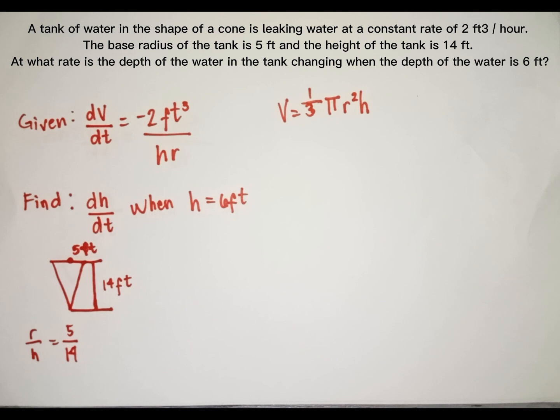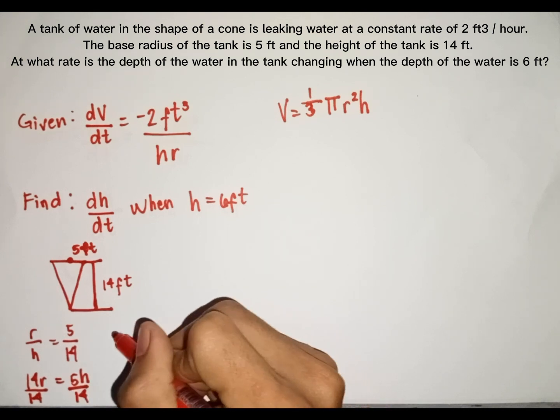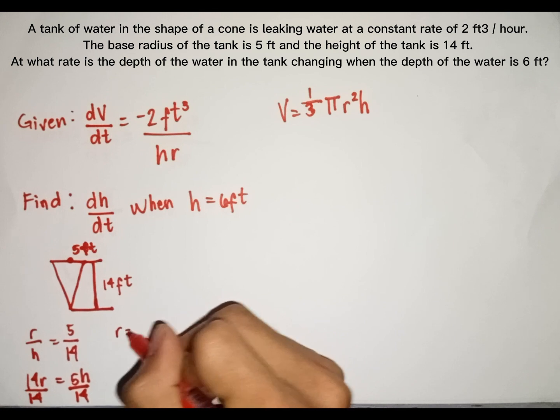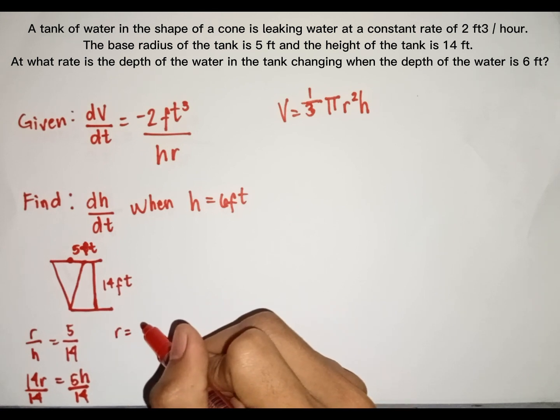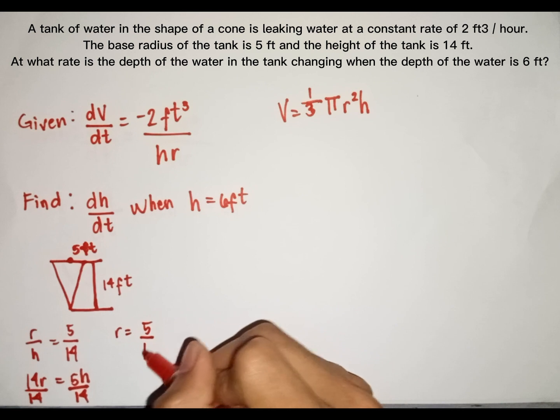We can cross multiply and solve for r, because we want to replace r so that we've got everything in terms of h. So we have 14r equals 5h, and dividing both sides by 14, we get r equals 5 over 14 h.